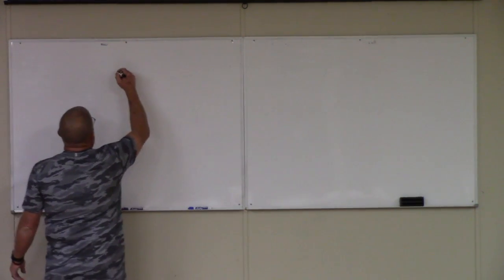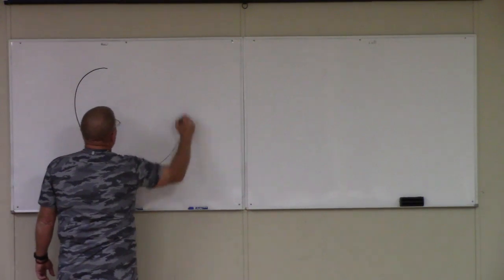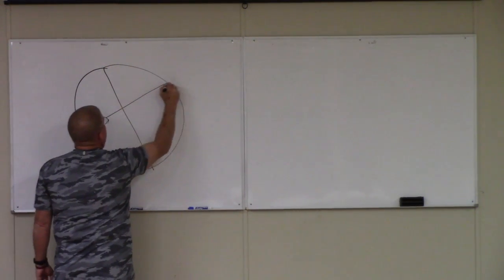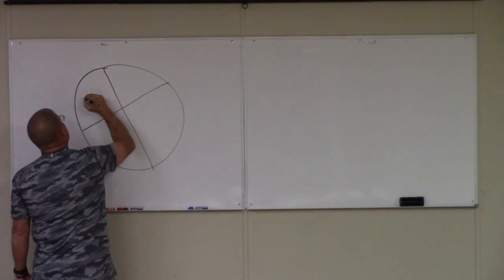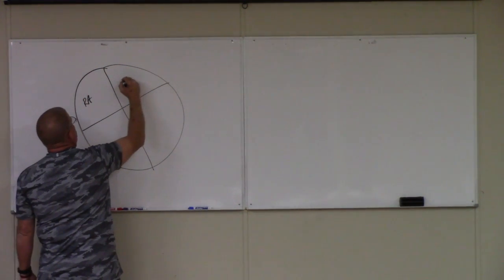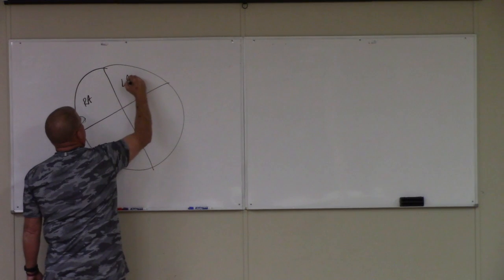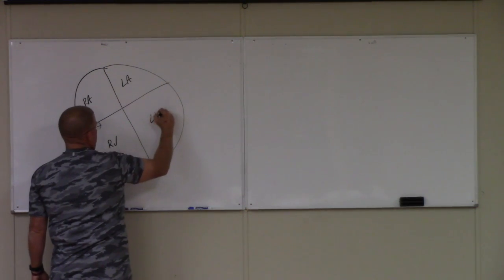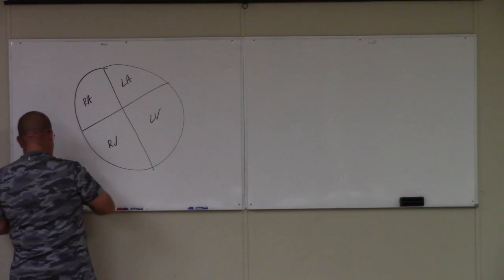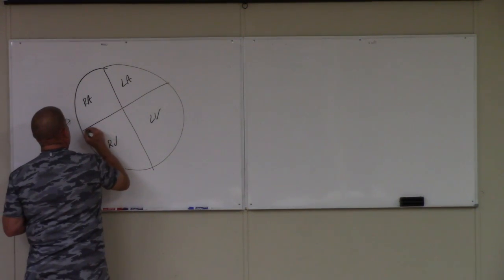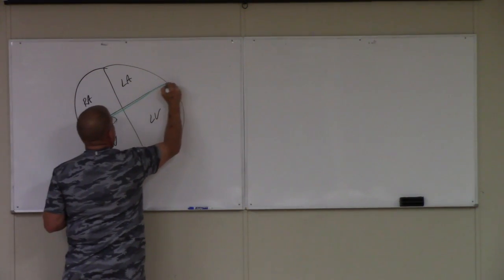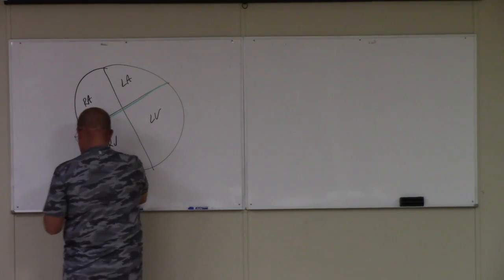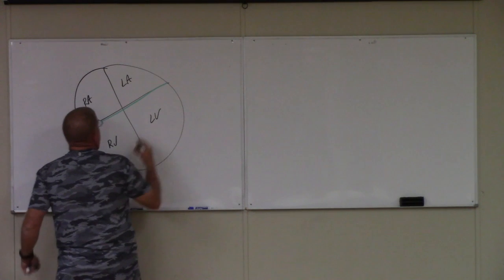So I'm going to draw my heart again. I'm going to draw my four chambers. This is the right atrium, this is the left atrium, this is the right ventricle, this is the left ventricle. And I drew a green line right here a while ago. What is it called? The AV septum, right?